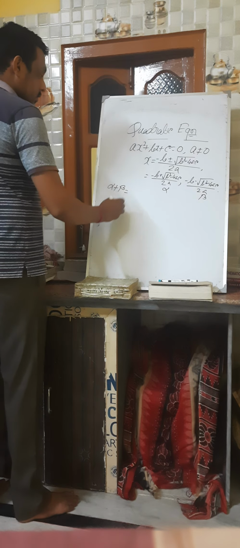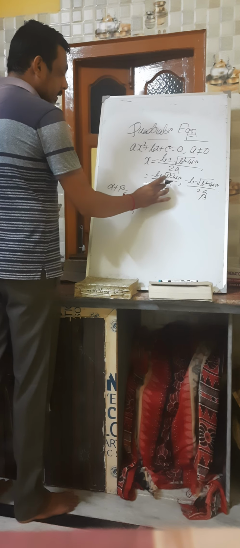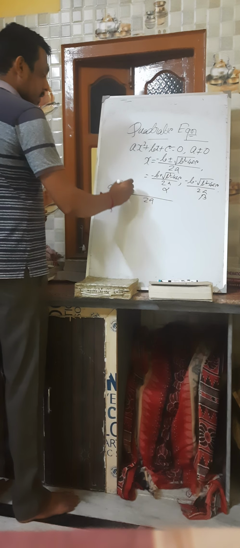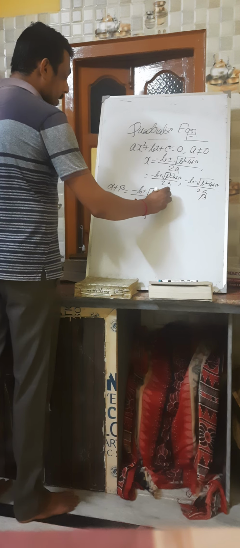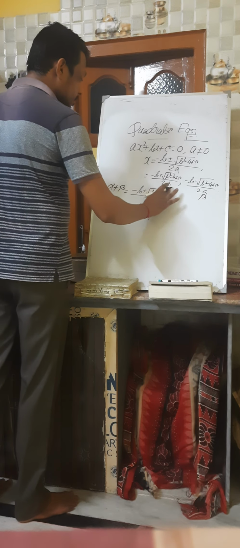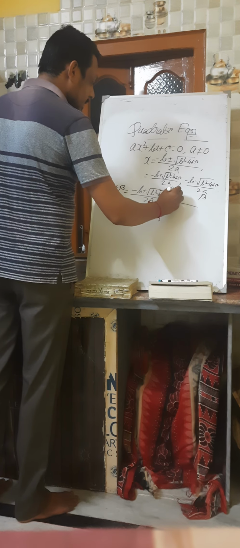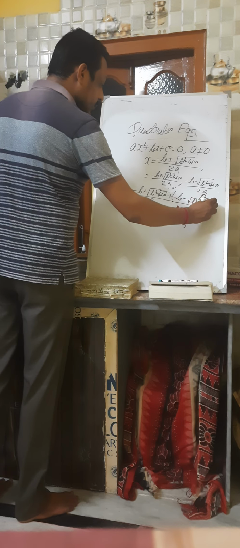Now if I take this one as alpha and this one as beta, so alpha plus beta, that means the sum of the roots, that means this one plus this one. You can see the denominators are the same, so there will be a common denominator and the numerators must be added. That means minus b plus root over of b square minus 4ac plus minus b minus root over of b square minus 4ac.